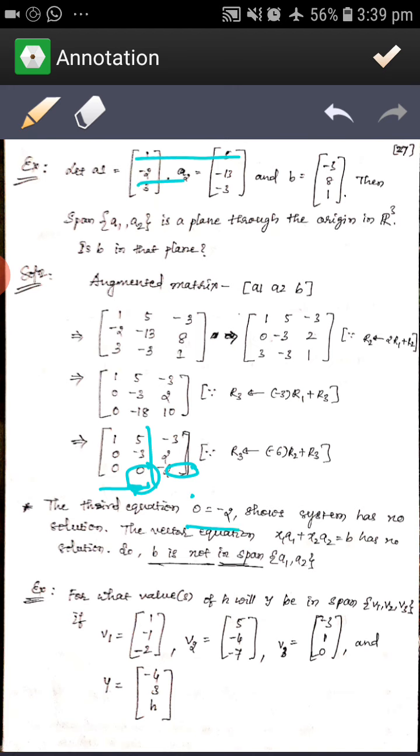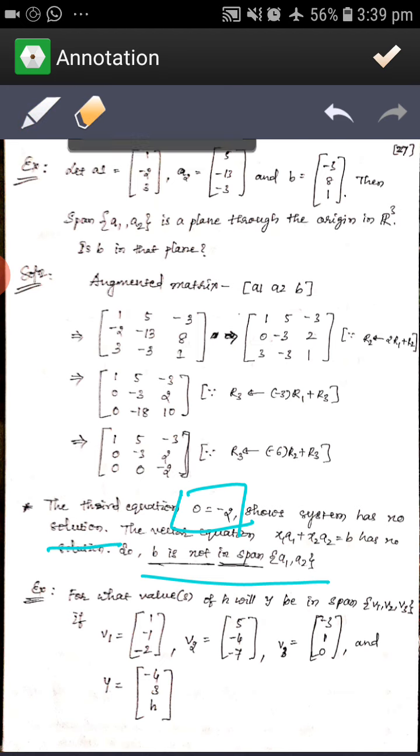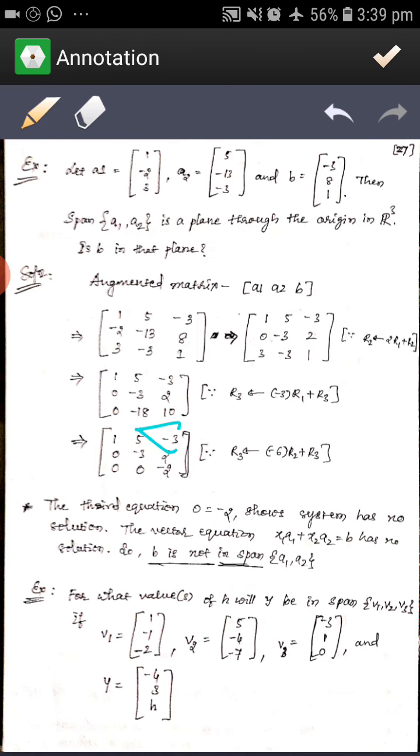There are three equations, and the third equation is not matching, because 0 cannot be equal to -2. So the system has no solution, and then we can say that b is not in the span of a1 and a2. No need to go for the reduced row echelon form, because the last row is 0 here.